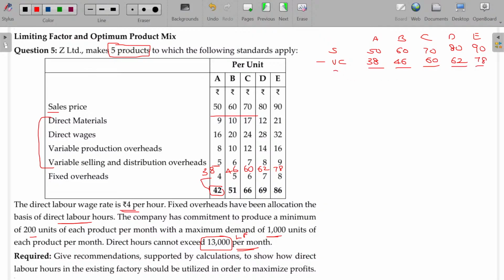And your contribution in this case being 12, 14, 10, 18, 12. Now contribution per hour, okay, per direct labor hour.